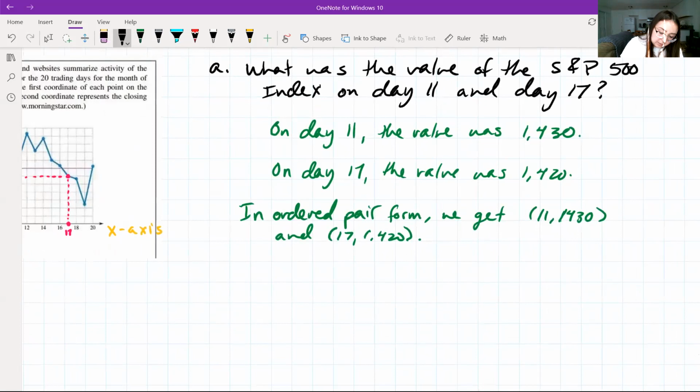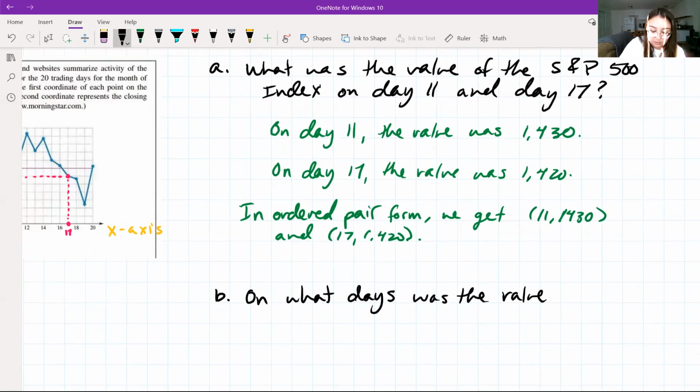So now, part B, what we want to find is on what days was the value of the S&P 500 index above 1,425.